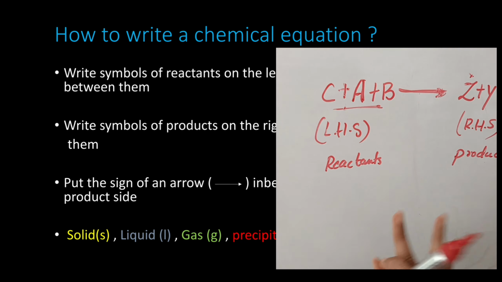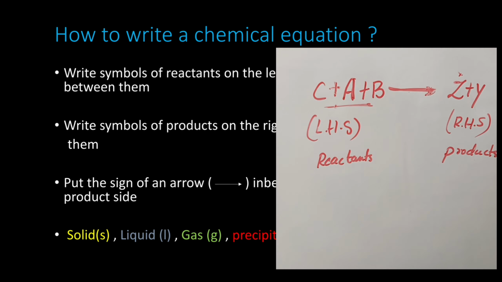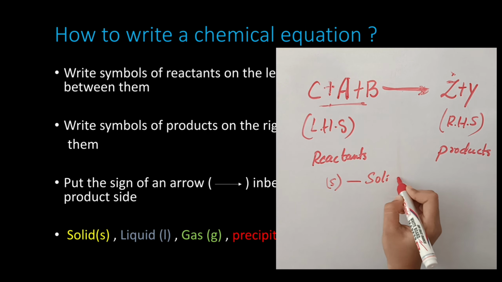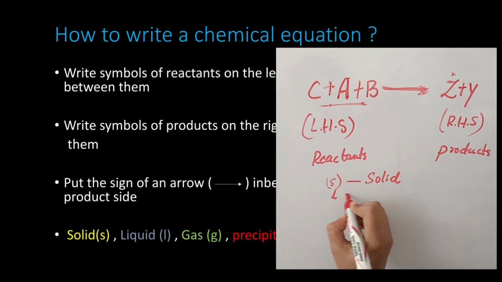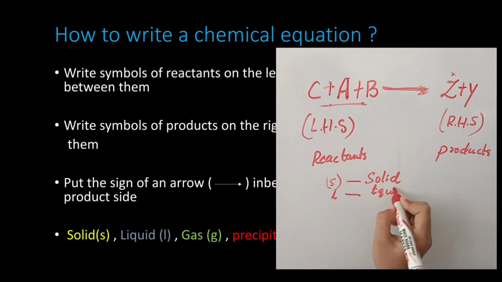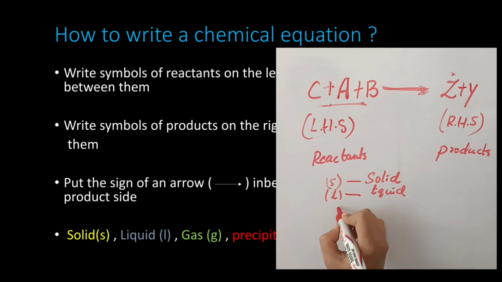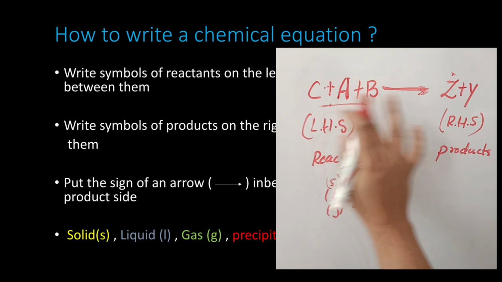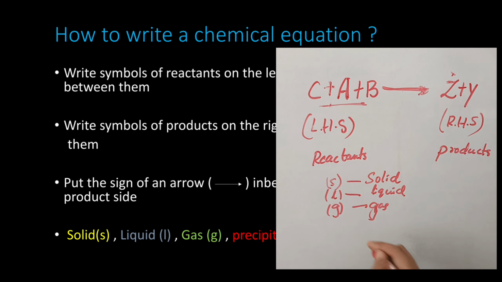Now, there are a few important terms that we use while writing a chemical equation. There's S for solid, L for liquid, G for gas. To remember, we'll see with an example. And there's AQ for aqueous solution.